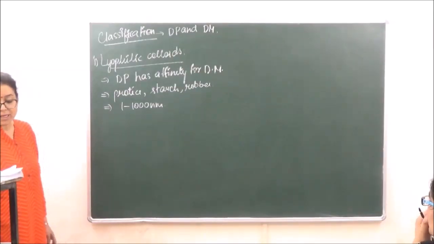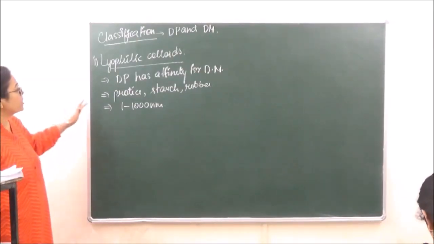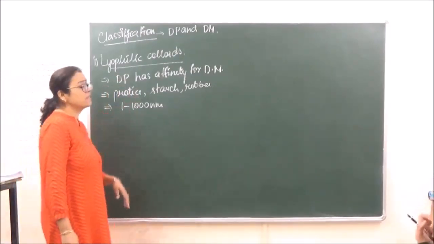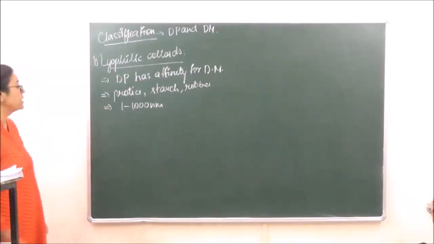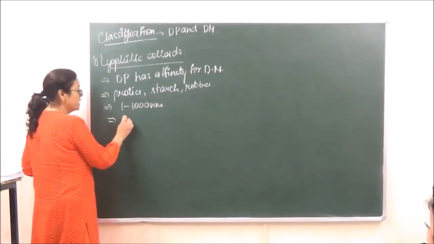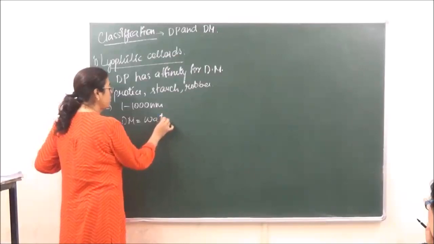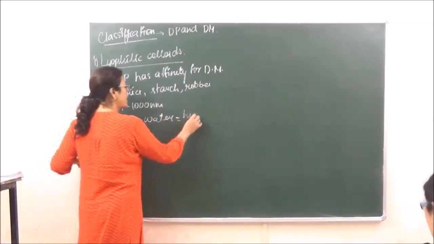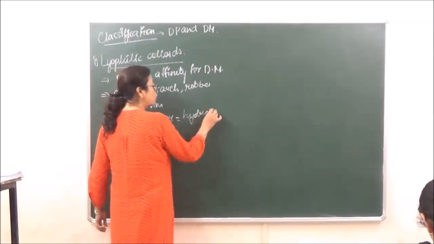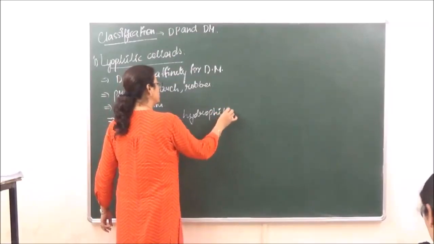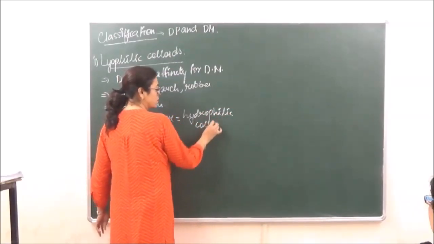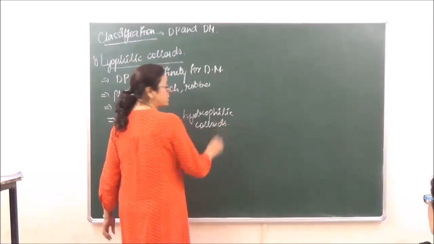Okay? Now in this case, as I have already said, the dispersed phase has a great affinity for the dispersion medium, and if we are taking the dispersion medium as water, then they are known as hydrophilic colloids.